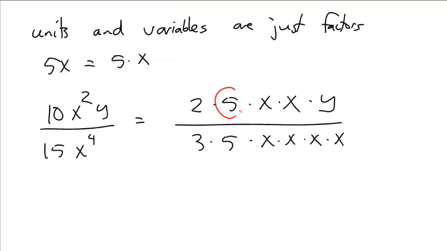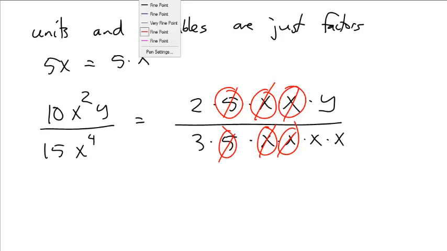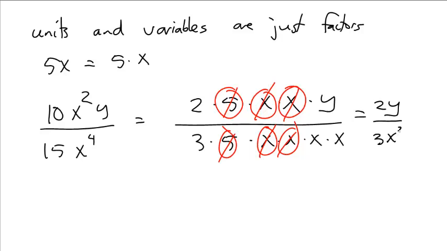You say, there's a 5 top and bottom, get rid of it. There's an x top and bottom. I don't know what this x is, but x divided by x goes away. x can't be 0. I always have to say that. x over x goes away. Now we can't clear anything else out. So what do we have? We have 2y up top, and down below we have 3, and then 2 x's, 3x squared.